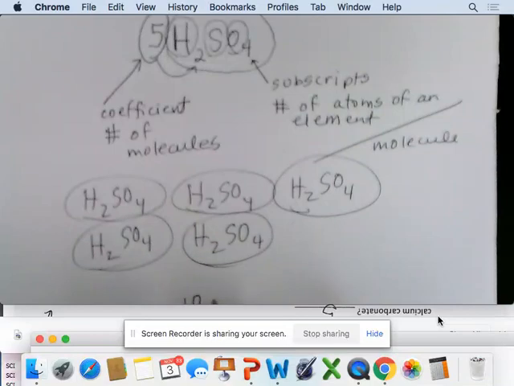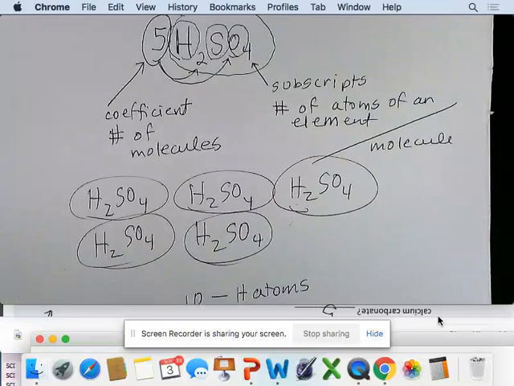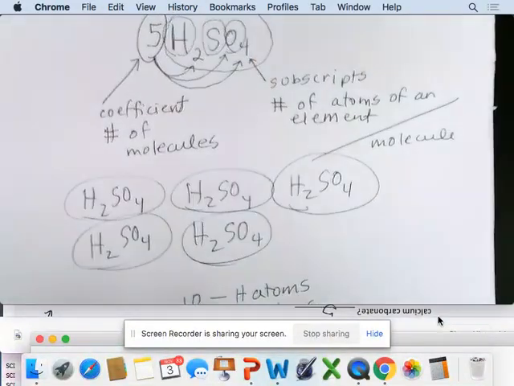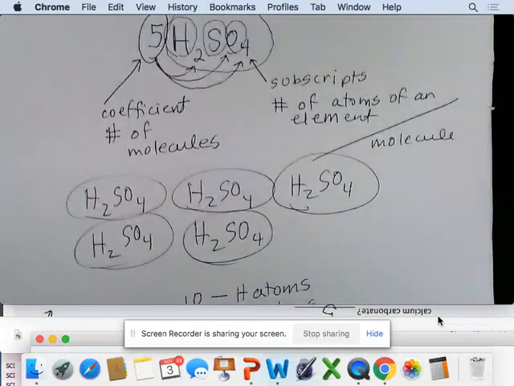So we have 10 hydrogen atoms in 5 molecules of sulfuric acid. 5 times 1 for sulfur is 5, so 5 sulfur atoms in 5 molecules of sulfuric acid. And then 5 times 4 is 20 atoms of oxygen in the 5 molecules. So that's our total for that.